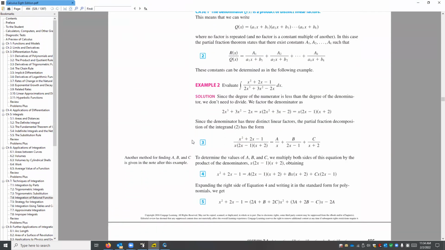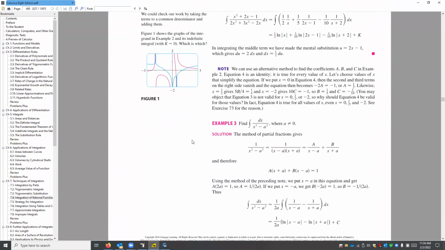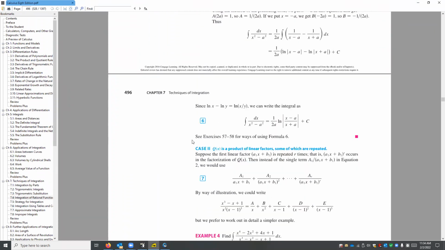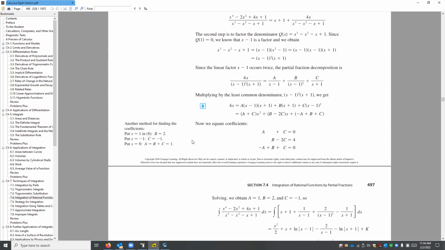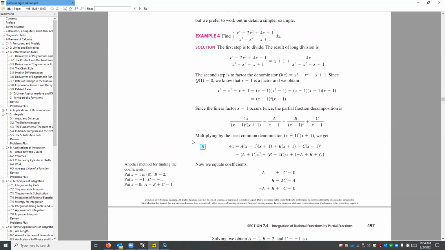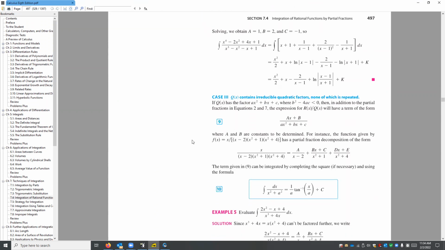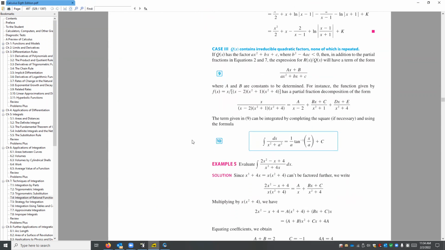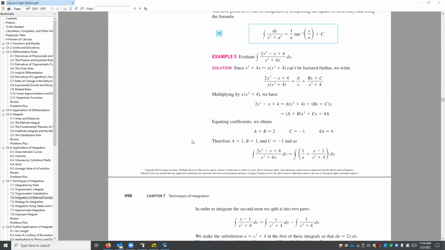Let's look at something where we have an irreducible quadratic factor. Did we do this last time? Well, we did not. In the interest of time, here we go. Let's do this. We're going to do example 5 next.